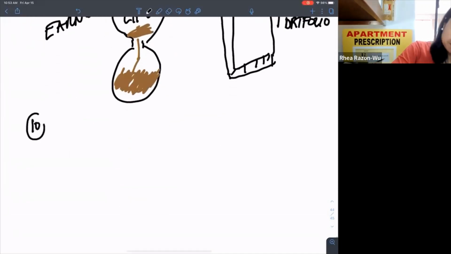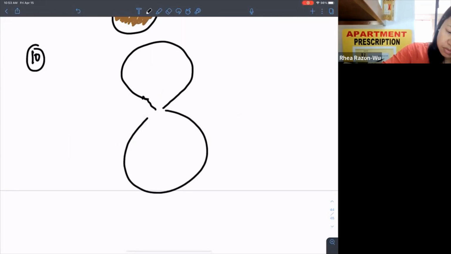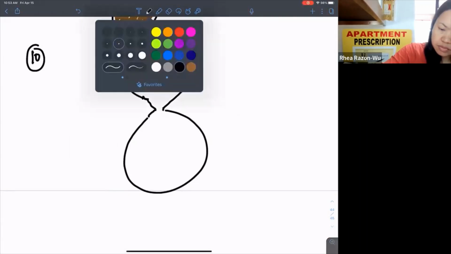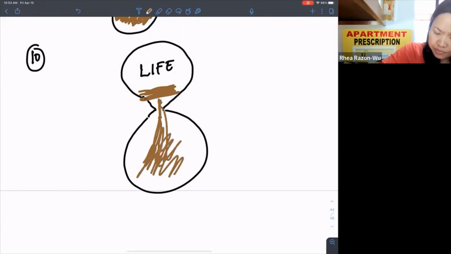Tenth point. This is the sand, quicksand again. That's the sand, small sands going down into the bottom of the bottle.